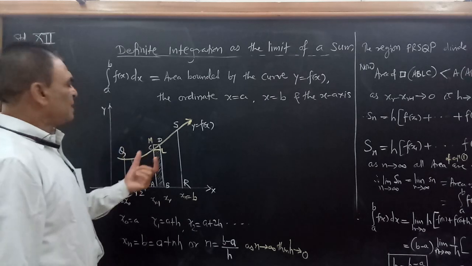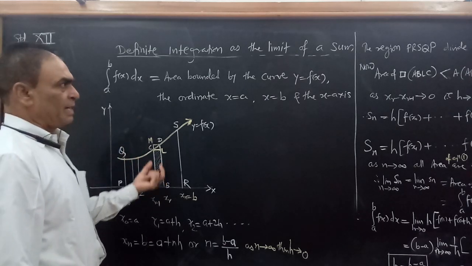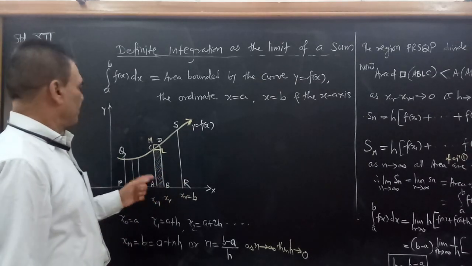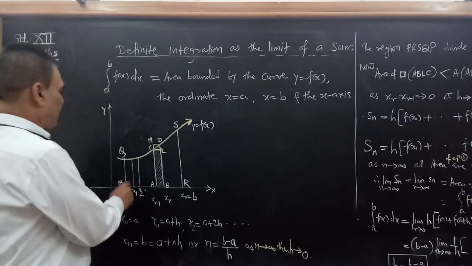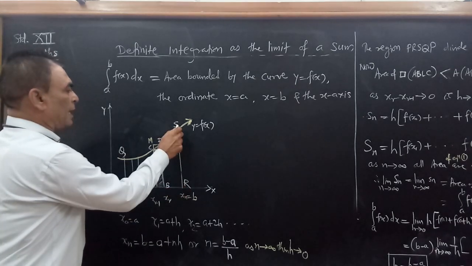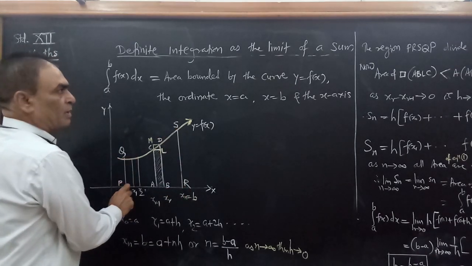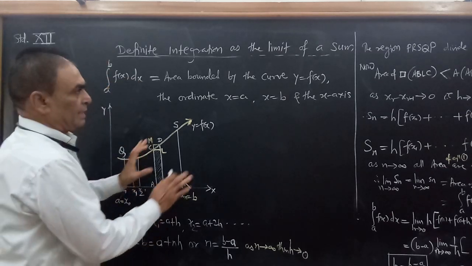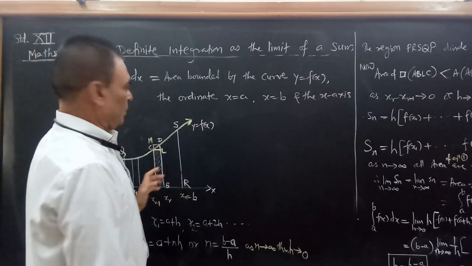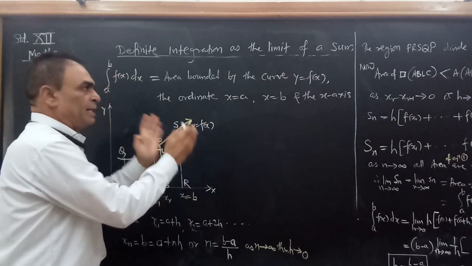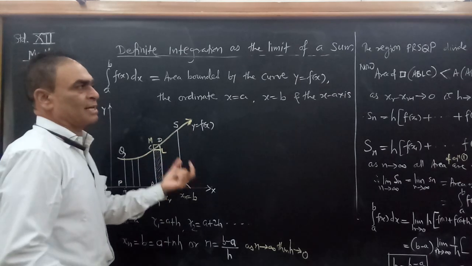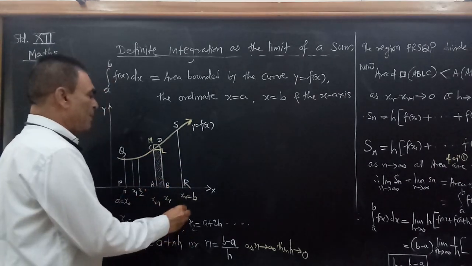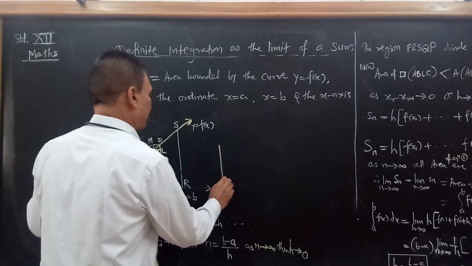Consider a very small strip, meaning two very close points. The region PRSQP is what we are considering. The total area can be divided into small subintervals.